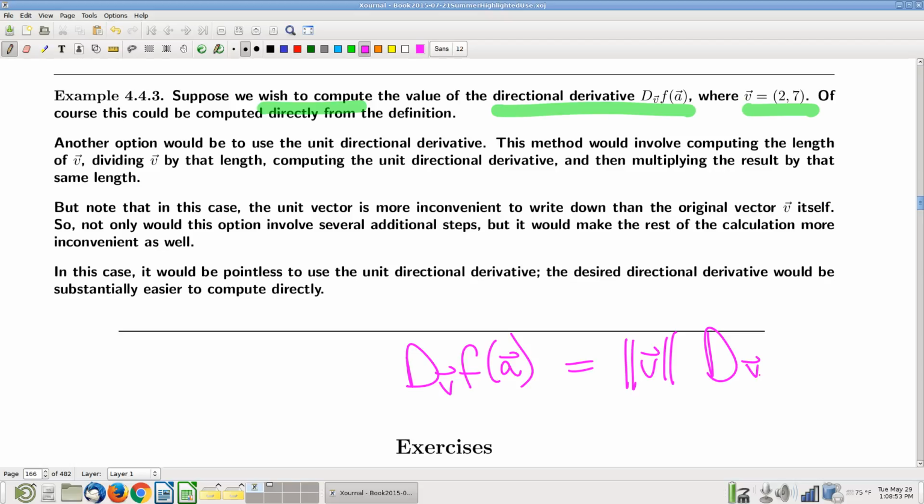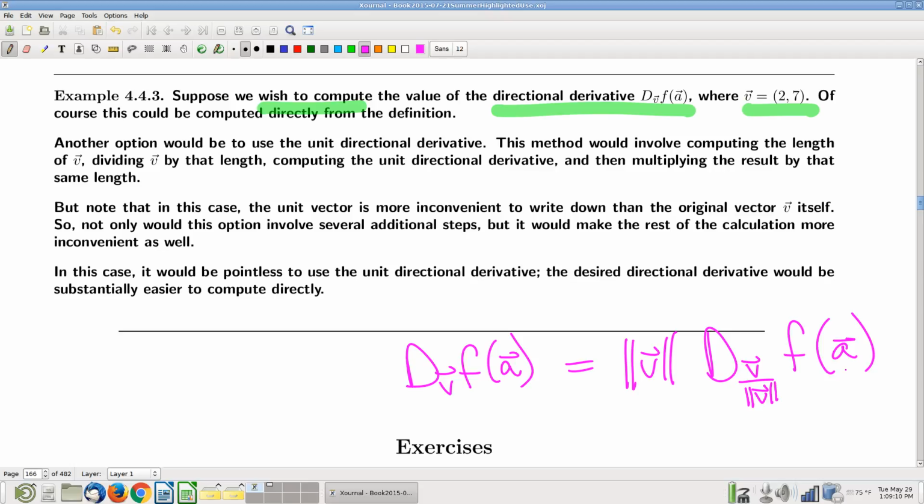Don't forget the unit vector is v divided by the magnitude of v. Notice what you've given yourself is a situation where you have to compute the magnitude of this vector for one thing to get your unit vector.